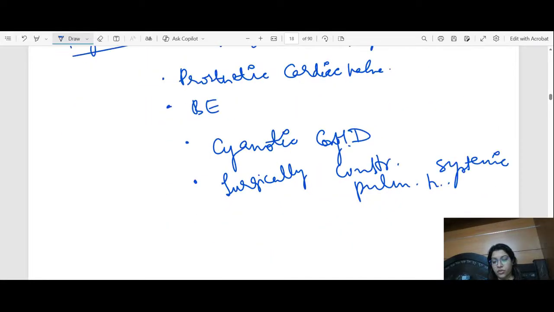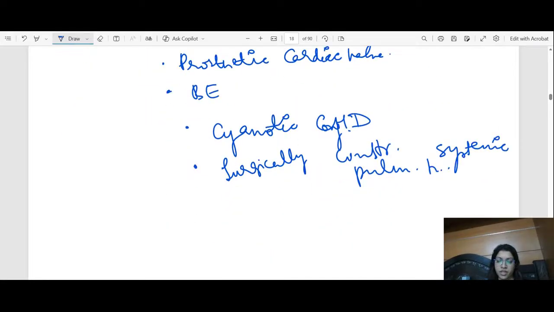Moderate risk category involves other congenital malformations, acquired valvular dysfunction, hypertrophic cardiomyopathy, mitral valve prolapse with regurgitation. Prophylaxis is not recommended.